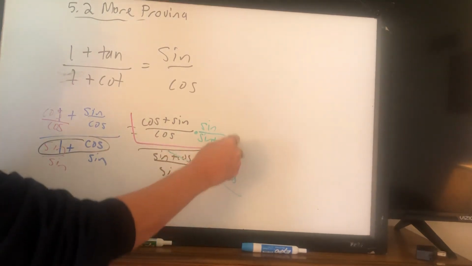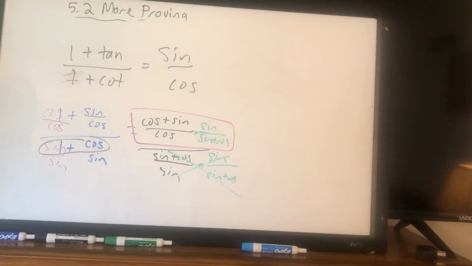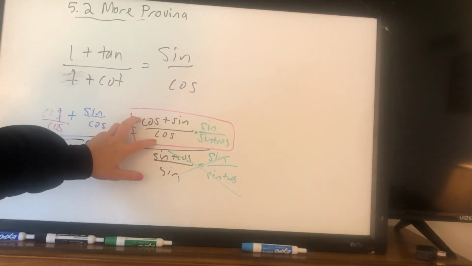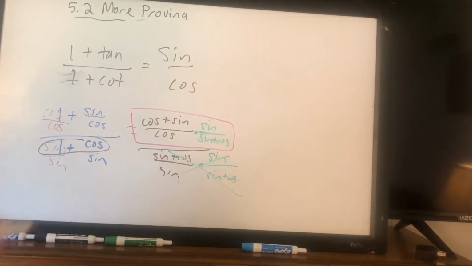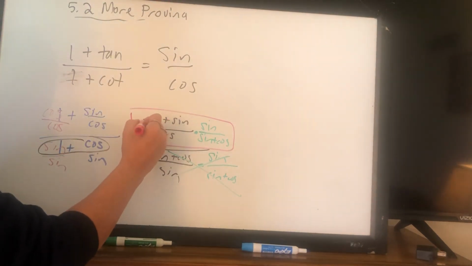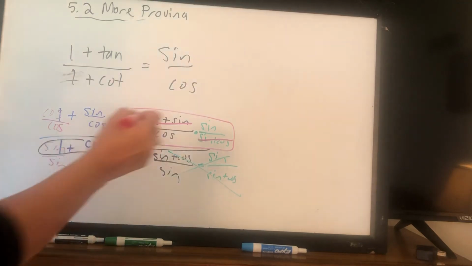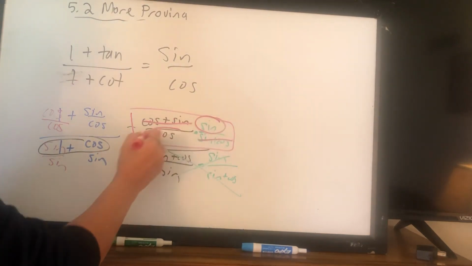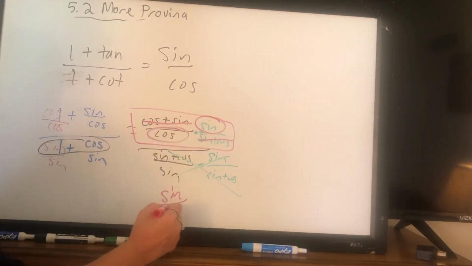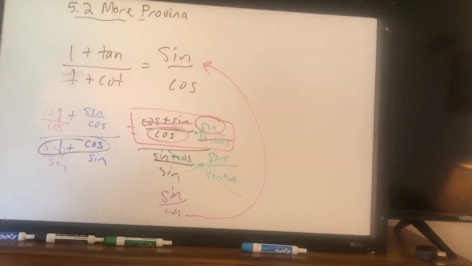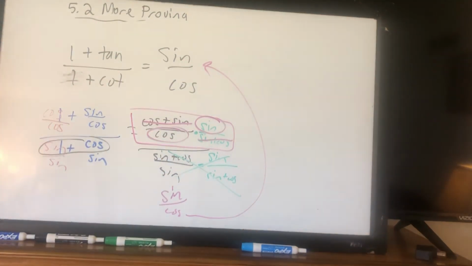All you're left with is that right now. What can cancel out? Guys, you cannot cancel things like that because of the plus. You got to cancel a whole group. Cosine plus sine can cancel out with a cosine plus sine. So all that's left is sine over cosine, which is what we needed to get. Okay?